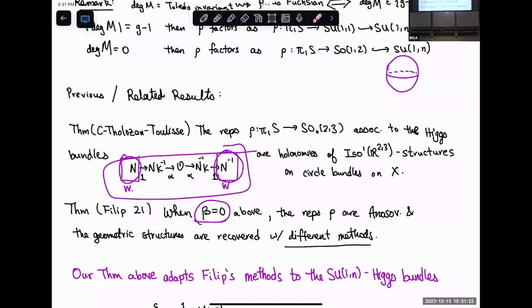Okay. Any other question? You raised this question at the beginning about whether the Slodowy slices depended on complex structure. Do you have any intuitive feeling about that? Any results?